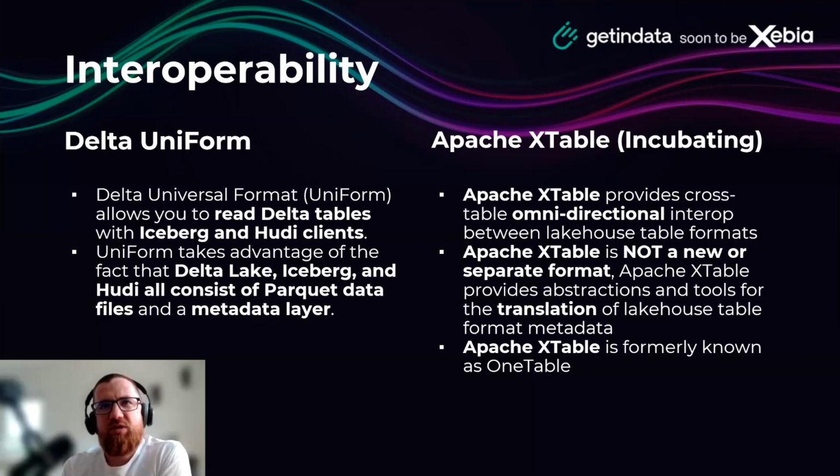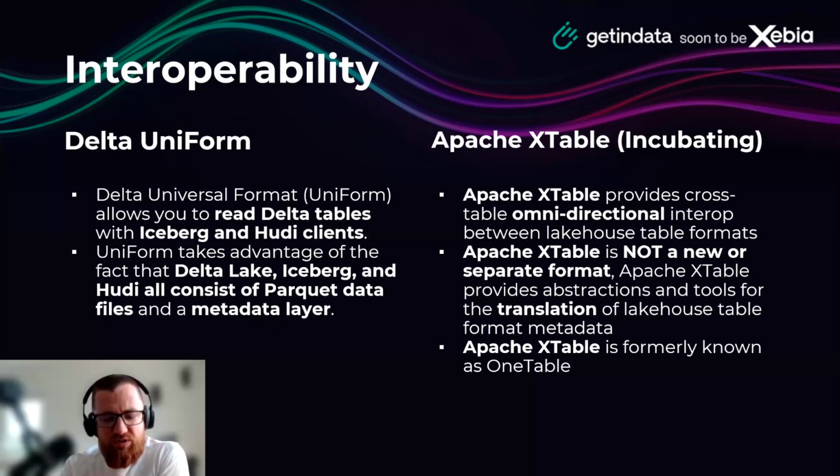By interoperability, I mean the possibility to query, for example, Delta as if it was Iceberg, or Hudi as if it was Delta, or in any possible direction. We would like to standardize it in a way that no matter in which format you keep the data, other readers could read it as if it was the other one.